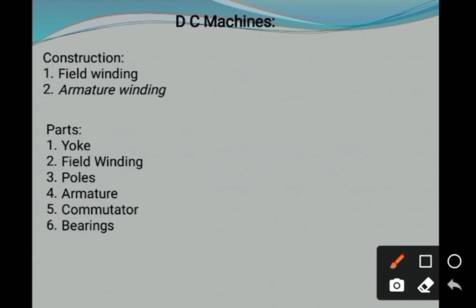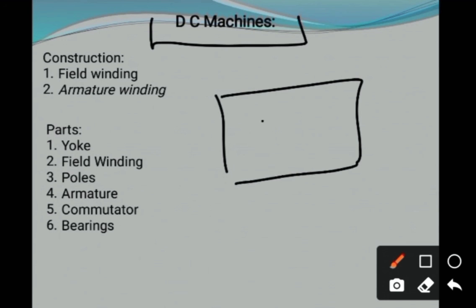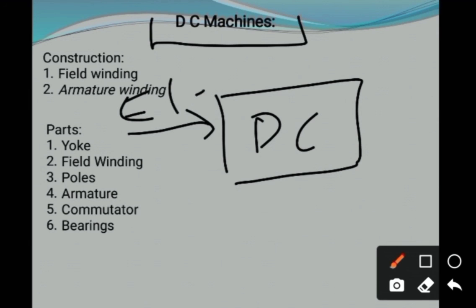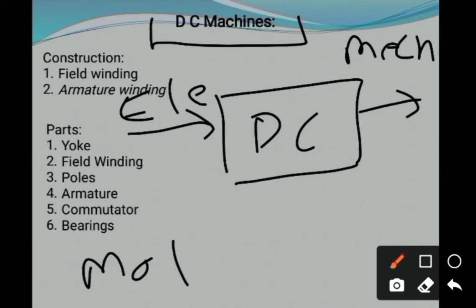Next point is construction of DC machine or DC motor. There is no constructional difference between a DC motor and a DC generator. Consider a DC machine. If we feed electrical energy to the DC machine, it gives mechanical energy and it is known as a DC motor.